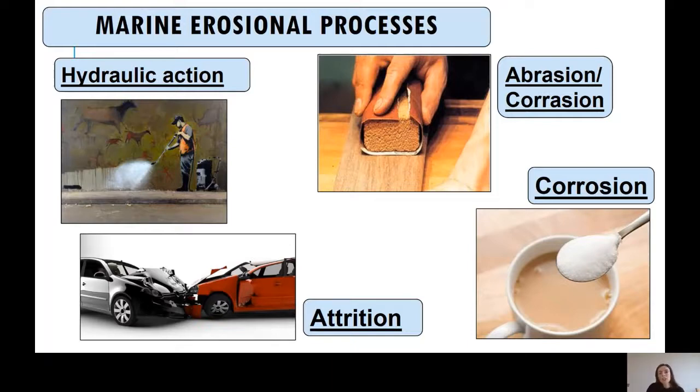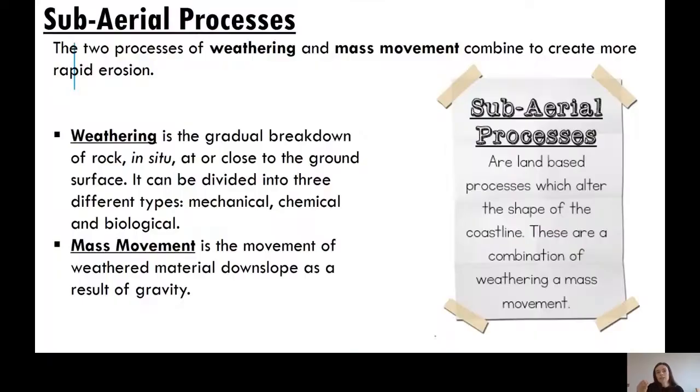But in addition to marine processes, you have subaerial processes. Looking at the picture on the right here, subaerial processes are land-based processes which alter the shape of the coastline. These are a combination of weathering and mass movement.